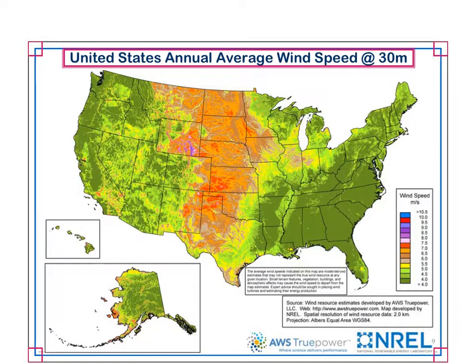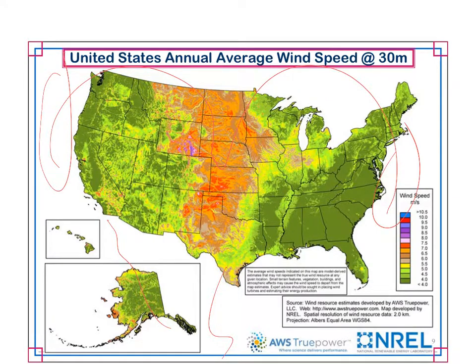We have oceans at 50-something degrees here and here, and then we have some land mass that continues on here. So you would tend to have some concentrating wind that interacts in that location. So these colors here, right in the center of the country, is where you have the best wind resource, okay?